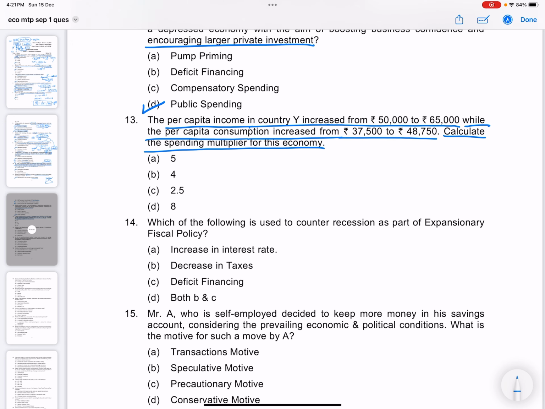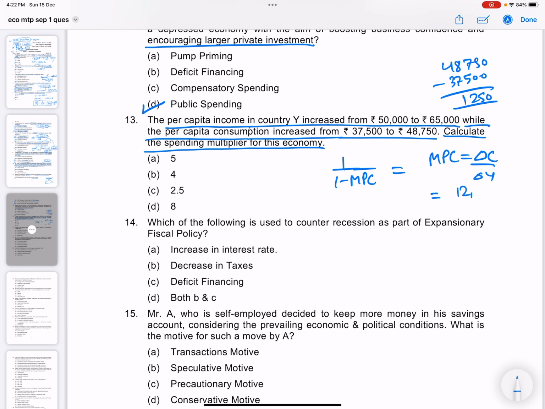So spending multiplier would be 1 by 1 minus MPC, and MPC is nothing but change in C by change in Y. So change in C is 48,750 minus 37,500, which is 11,250, upon 15,000. Okay, I'll just get a calculator and solve this.